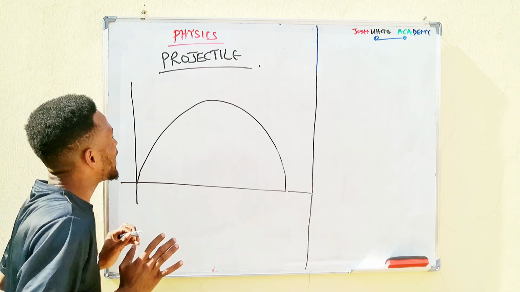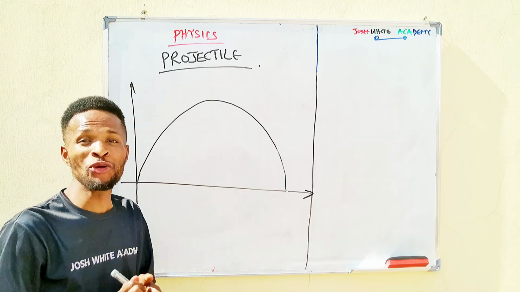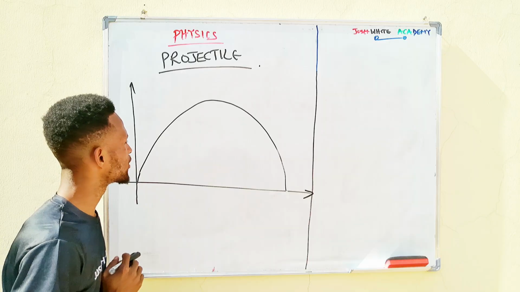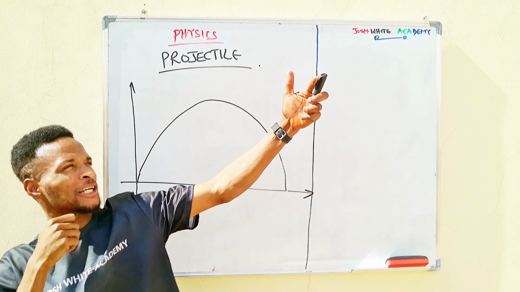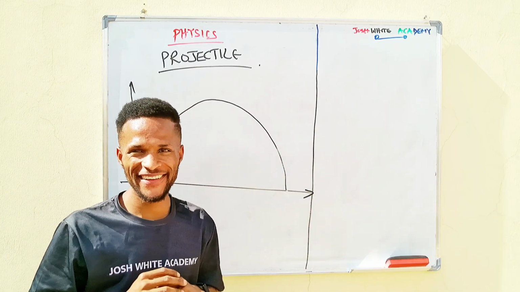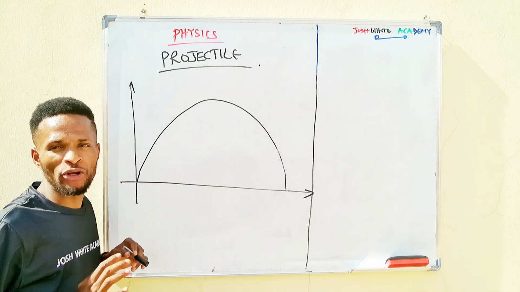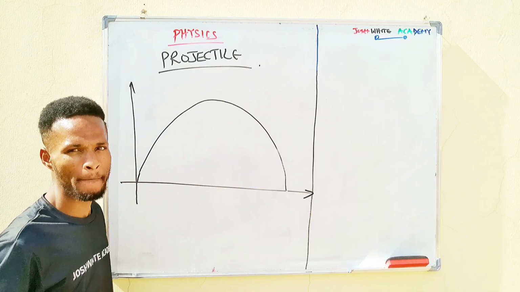So there are things that are very important for you to take note in projectile. So imagine me picking a stone and throwing a stone, or shooting a catapult, or throwing a javelin. They follow this path. We call it a parabolic path, like that of a parabola.